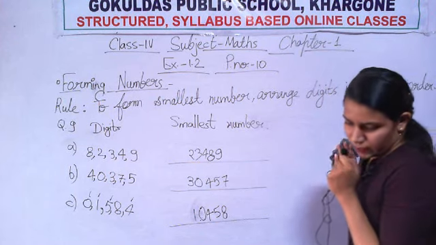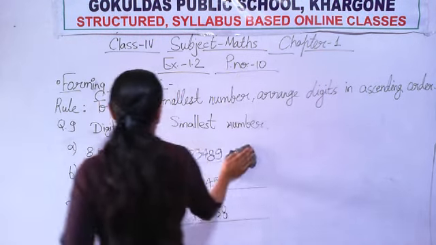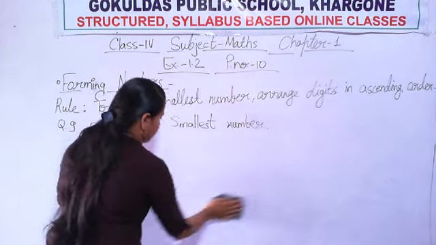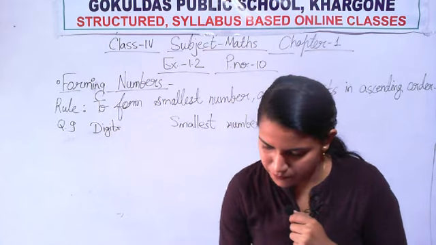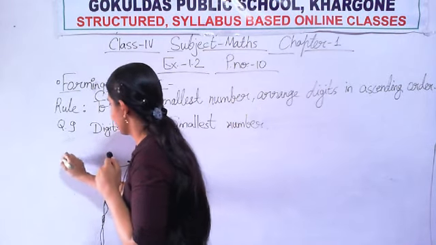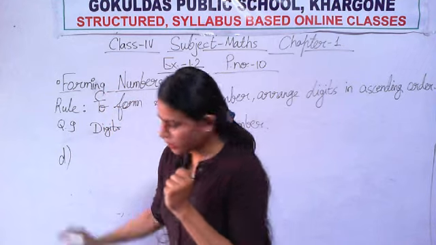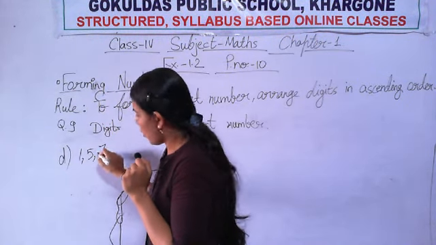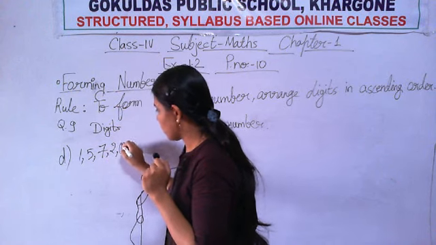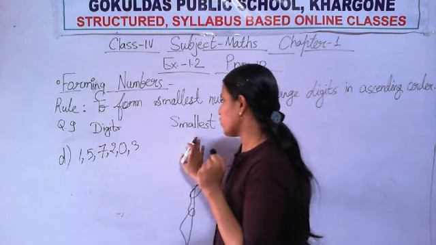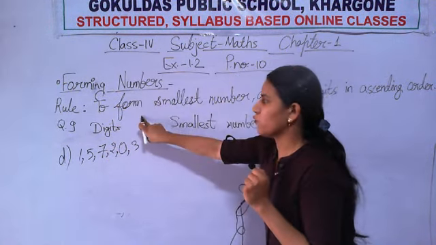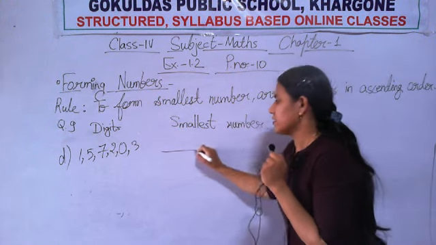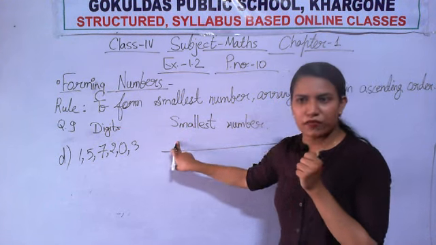Okay, let us do the last question. Last part, that is part D. Part D, 6 digits are given, that is 1, 5, 7, 2, 0, 3. Again you want to write the smallest number, so to form the smallest number, arrange digits in ascending order. In ascending order, the smallest digits come first.